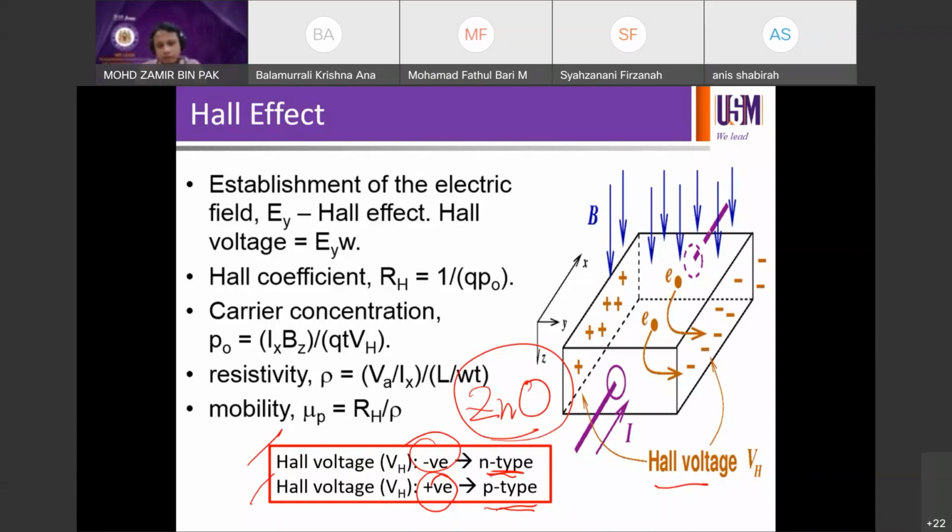So zinc oxide is naturally n-type. When I say it's naturally n-type, when you grow your zinc oxide, it's typically n-type, right? But you can still incorporate dopants in order to improve conductivity of your zinc oxide.